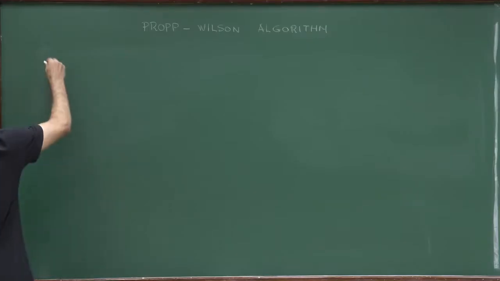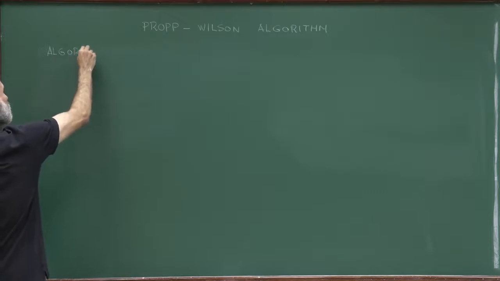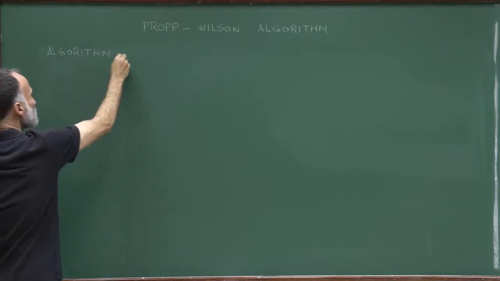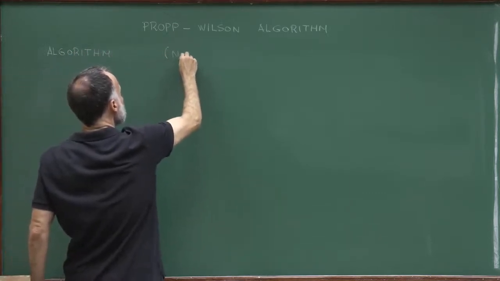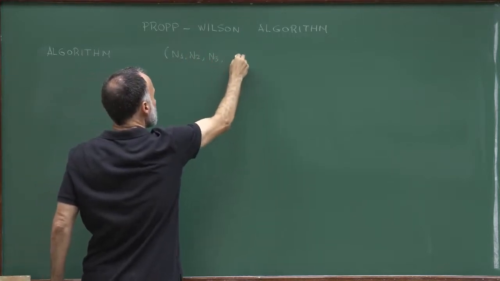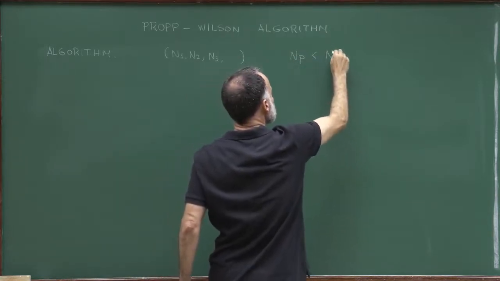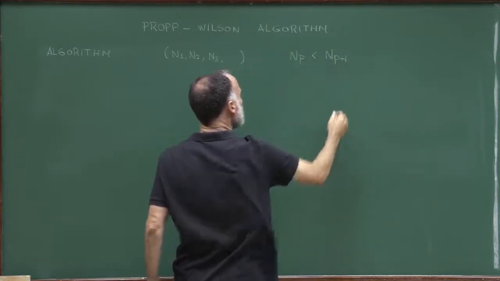So let me explain the algorithm. We will fix an increasing sequence n_1, n_2, and so on, so n_p is strictly smaller than n_{p+1}.